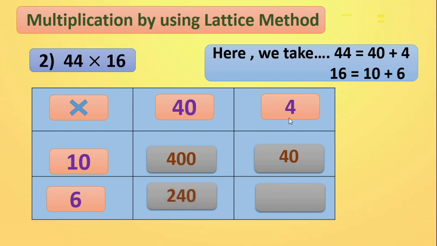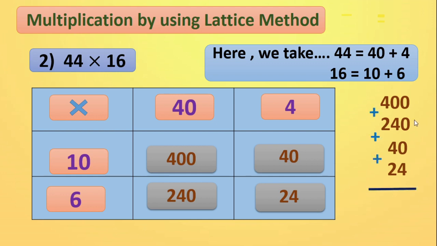Yes, 6 fours are 24. Now we will add all these numbers. That is, we will take 400 plus 240, and 40 plus 24. We will put the plus sign here.